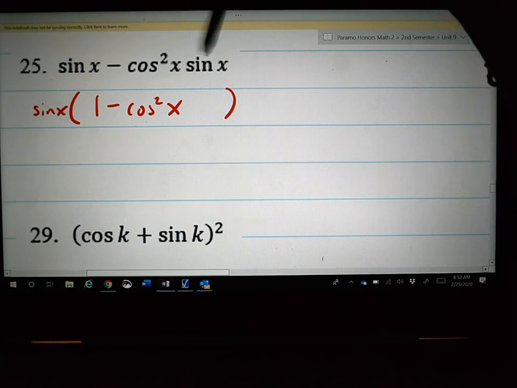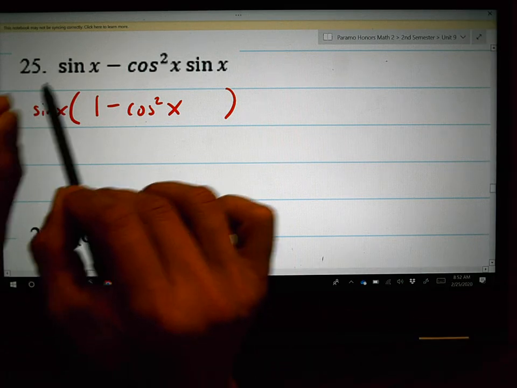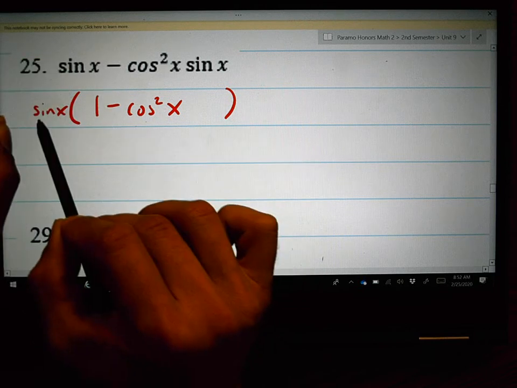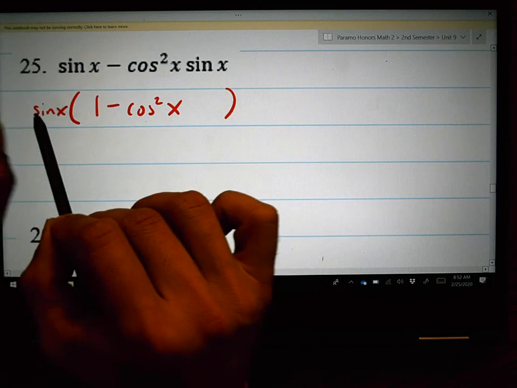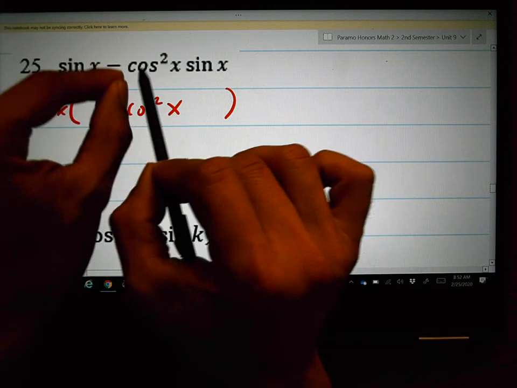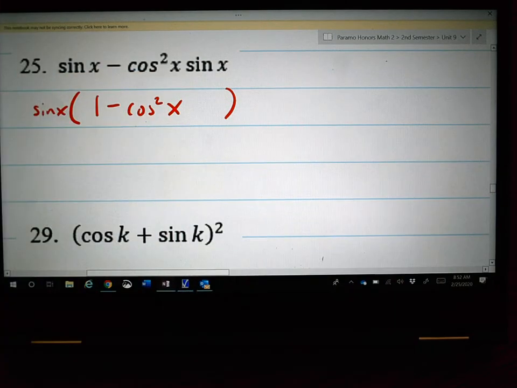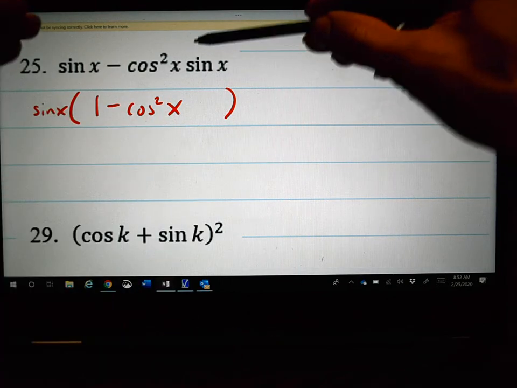There better be 2 terms inside your parenthesis. Sine of x times what gives you sine of x? Sine of x has to multiply a 1 to get to that sine of x, and sine of x times negative cosine squared of x gives you negative cosine squared of x times sine of x. This is the correct first step.